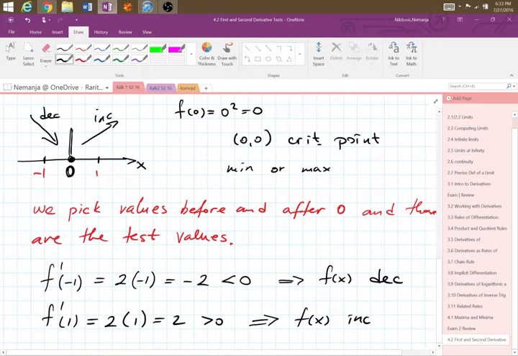And it should be common sense now that at (0, 0) you have a minimum. We don't even look at the function at all. We just looked at this calculation. We looked at what the derivative does, and then we computed the test values in the derivative, and we found that the function is decreasing, the function is increasing, and then the function is falling down and then rises.